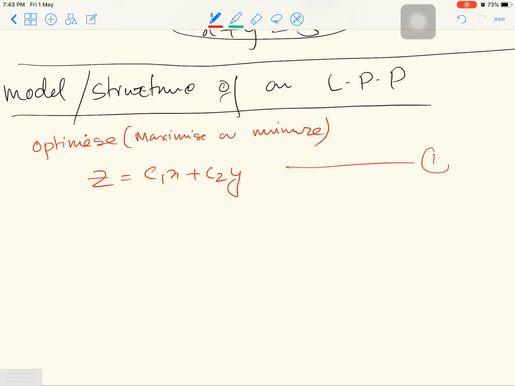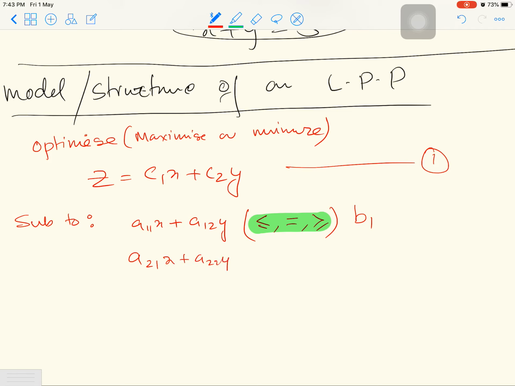Let's name it equation 1, subject to a11x plus a12y, and it may have less than or equal to, or more than or equal to. If you are confused, it can be any of these three symbols. That's why we have these three symbols here. B1, a21x plus a22y, again less than or equal to or more than or equal to B2.